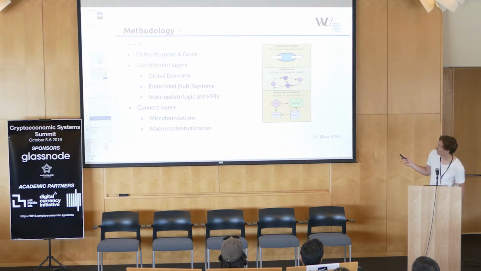Then we needed to point out that this system consists of subsystems that interact with each other, and that each of these subsystems has mechanisms that, based on actions, lead to specific states of the system. These states can then be measured, and based on the observable measurements of the states, other actions are taken in the next step.